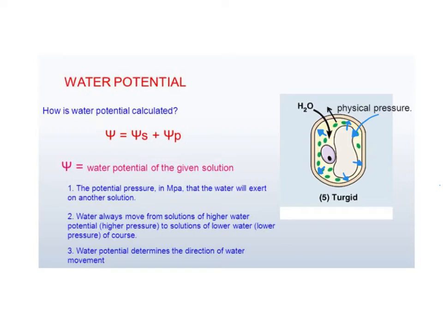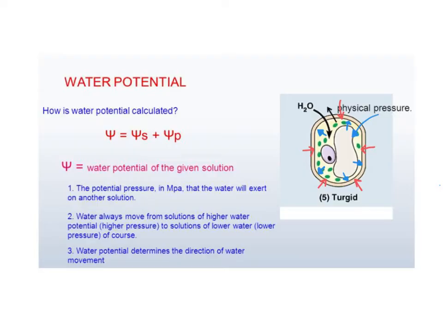And what happens is, as the cell begins to fill up, eventually the cell wall will not stretch anymore and begins to push back on the water. I'm going to do those arrows in red. And so the pressure that the cell wall is pushing back when it's reached its stretching point, its maximum pressure, that pressure is known as water potential.